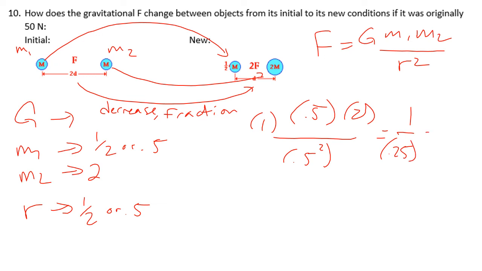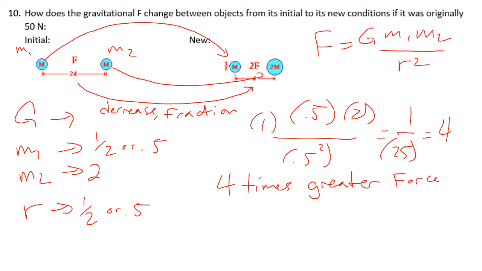If we finalize and plug that in, 1 divided by 0.25 is going to give us 4. Remember, always follow through. Since 4 is greater than our original condition that the force started as 1, we're going to say that it's 4 times greater force or stronger force, however you prefer to word it.